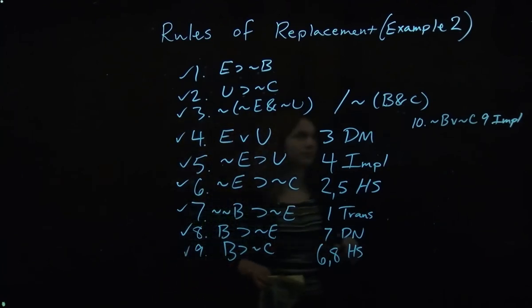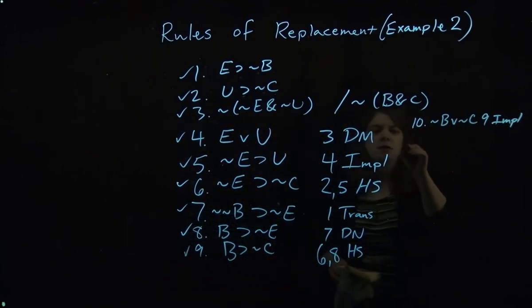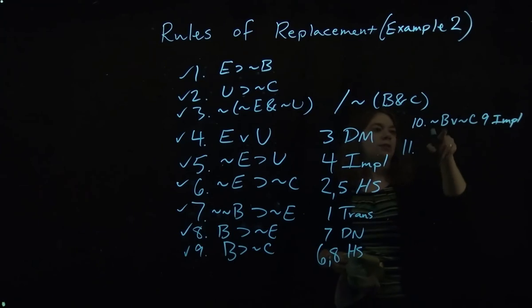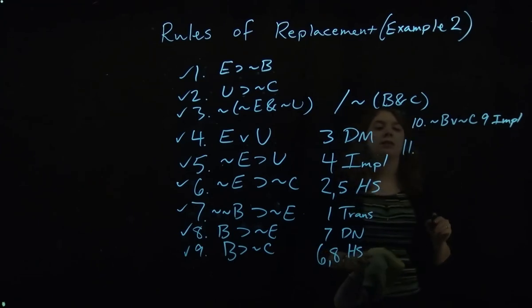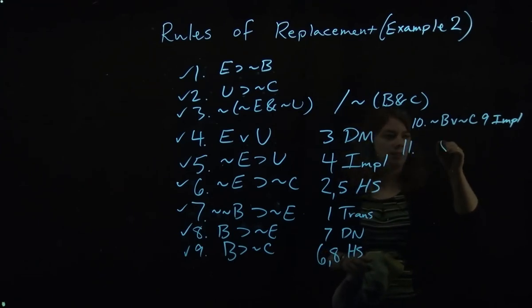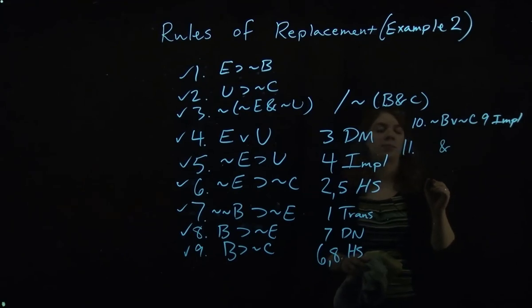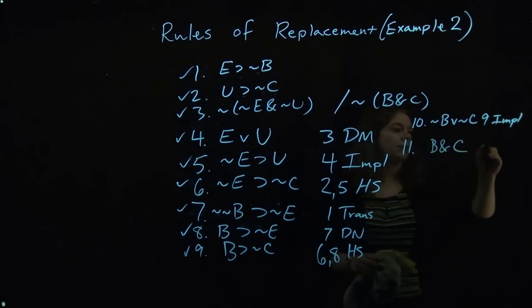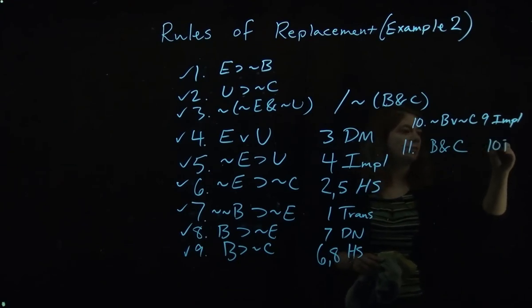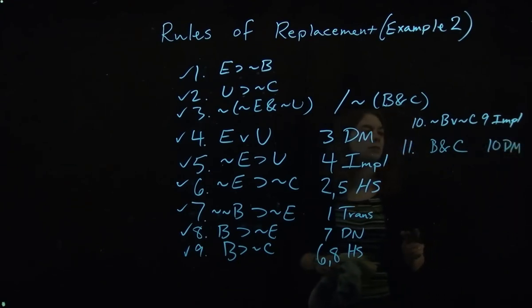And we're almost there. Now we need to convert it into ampersand, and so we will do that. We'll have our not B, our ampersand here, and then our not C, using line 10 and the rule of De Morgan's here.